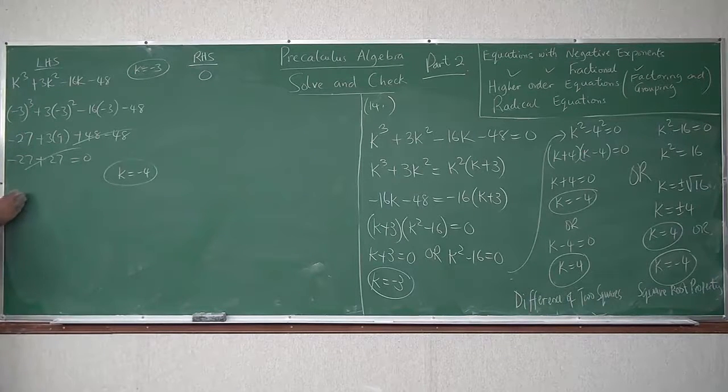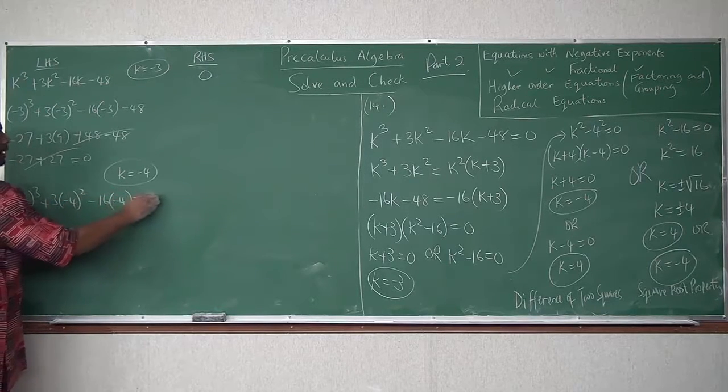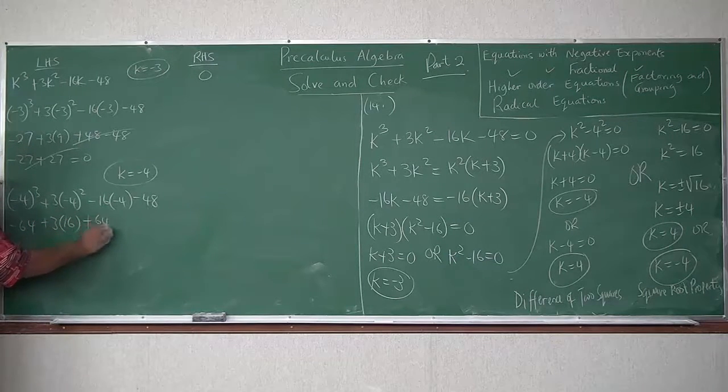Next one, k equal to negative 4. And that will be negative 4 all cubed plus 3 times negative 4 all squared minus 16 times negative 4 minus 48. And this is negative 64 plus 3 times 16 plus 64 minus 48.